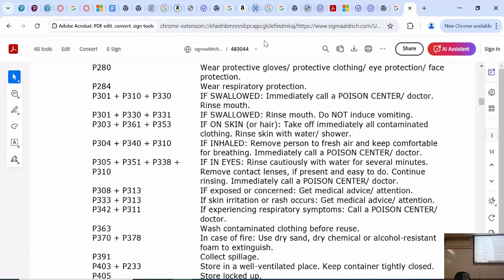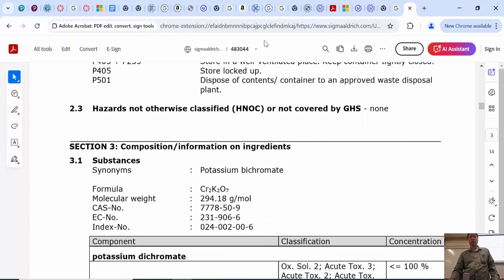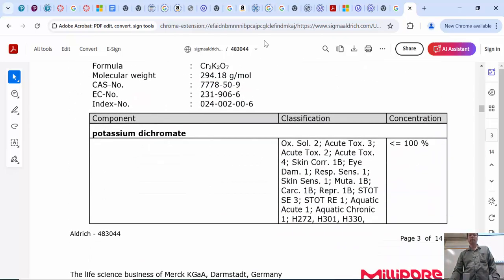If it gets on your clothing, you don't want it contacting your skin, so that's why they say it. Sometimes they give toxicity data here. Sometimes they give the LD50.